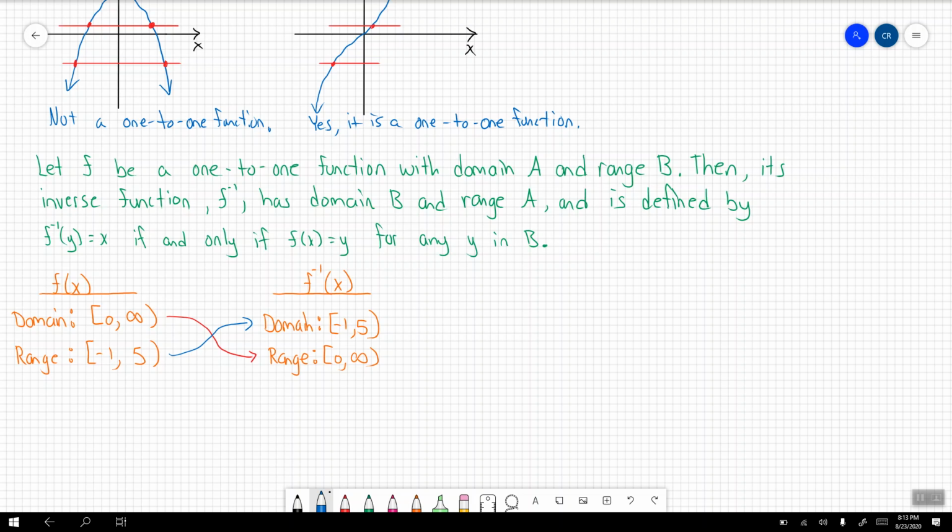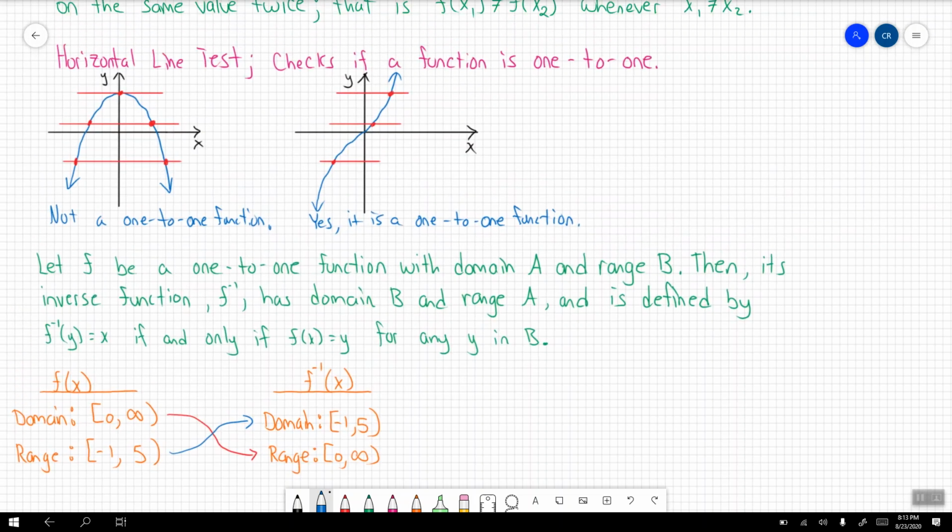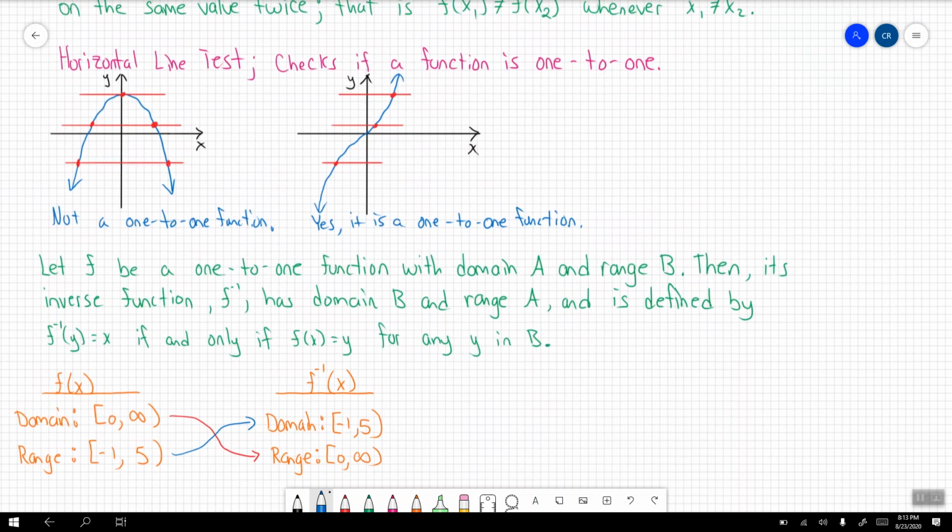That's how these one-to-one functions work, and that's why we need them to be one-to-one, because anytime that we choose a random x value, we should only be able to get one y value. In the first example, where we had that downwards open parabola, we can see that we get two y values that are exactly the same for two different x values.